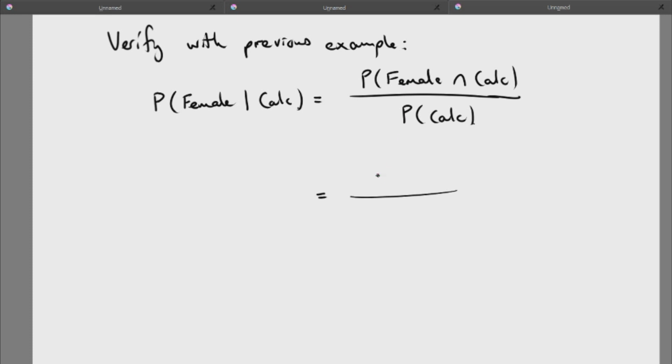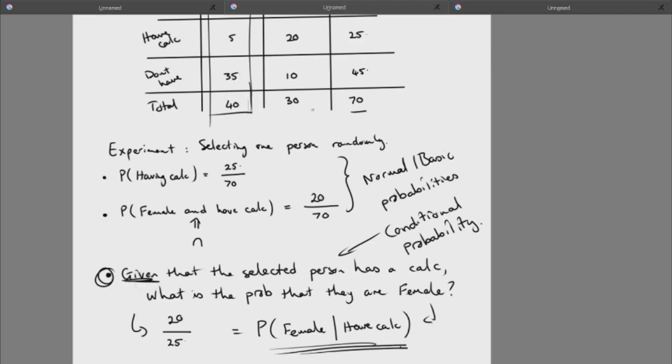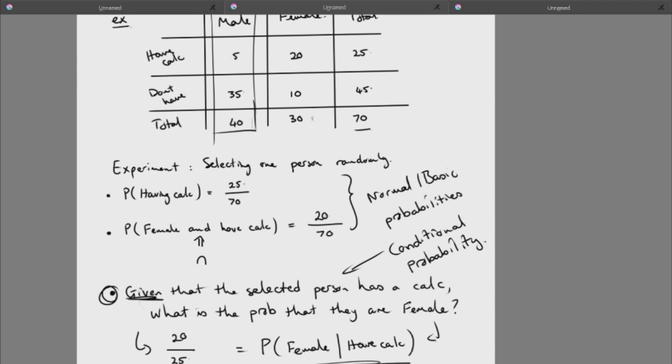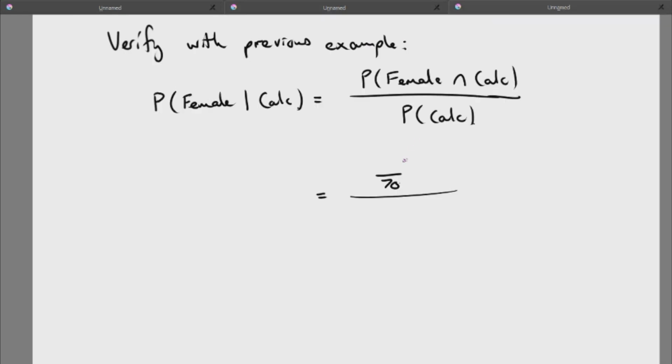So the top one requires that I'm looking at all 70 people because it's a normal probability. And I need to pick people that are female and have a calculator. So looking at the table, that's going to be female and calculator, 20. It's going to be the 20.